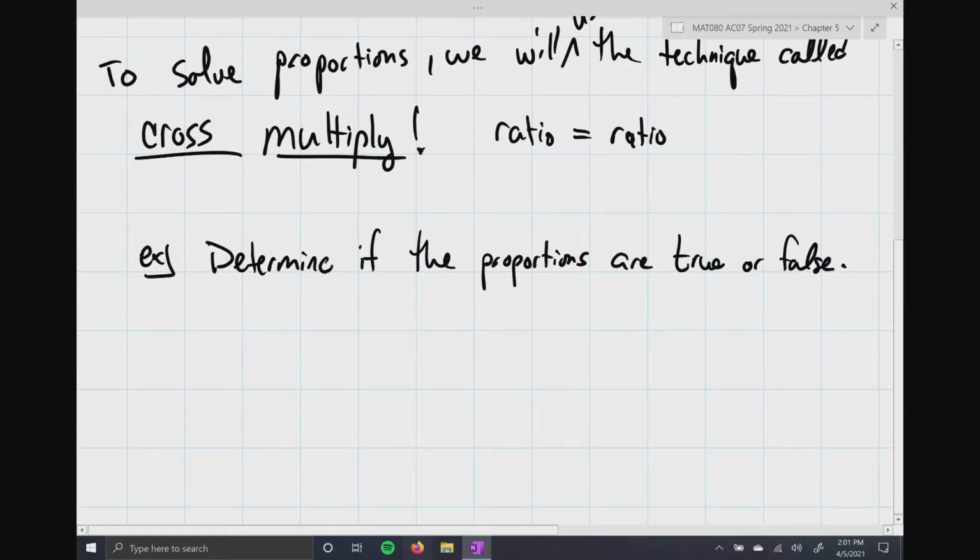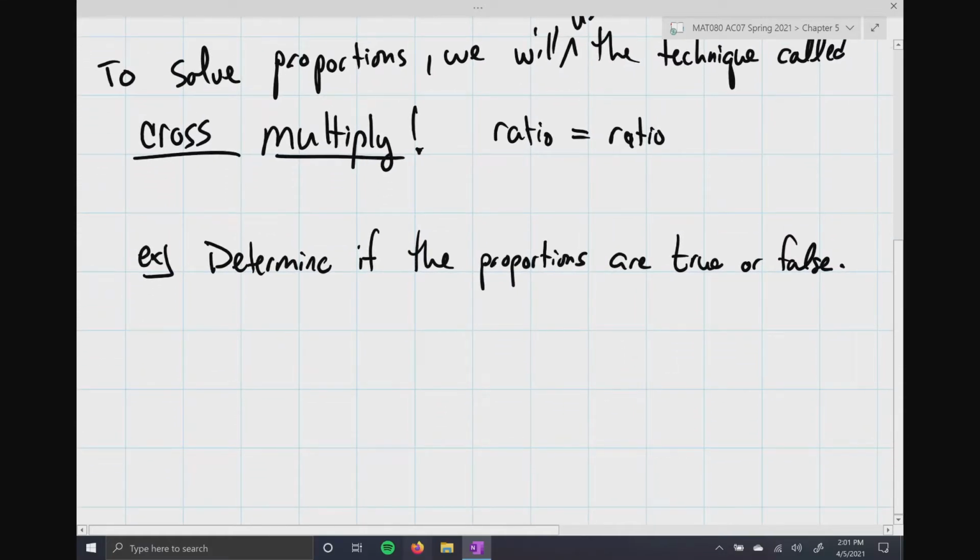So we're going to determine whether or not these proportions are true or false. Okay?